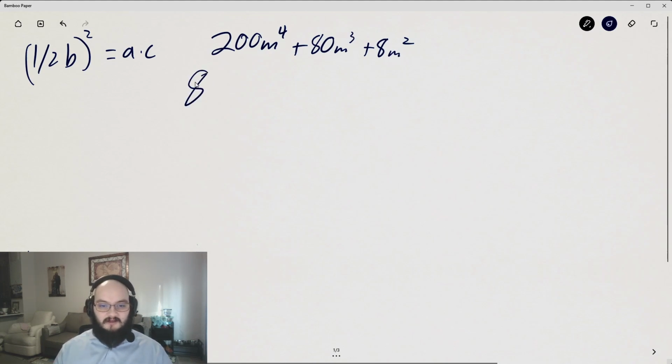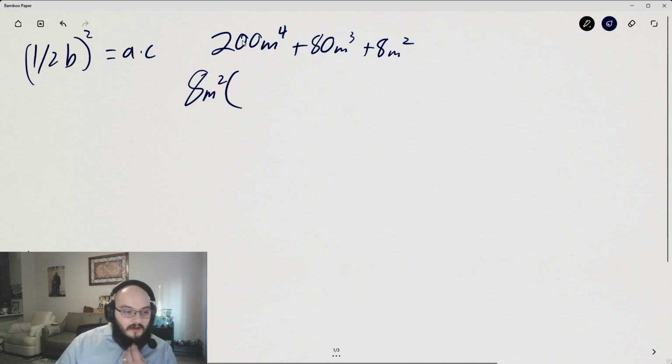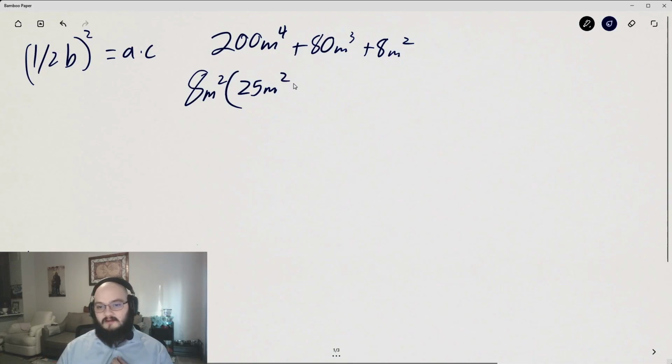So let's factor out an 8m squared. 200 divided by 8 is 25, and then m to the 4th divided by m squared is m squared. Then we have 80m cubed divided by 8m squared, which is 10m, and lastly we have just 1 at the end, because 8m squared divided by 8m squared is 1.